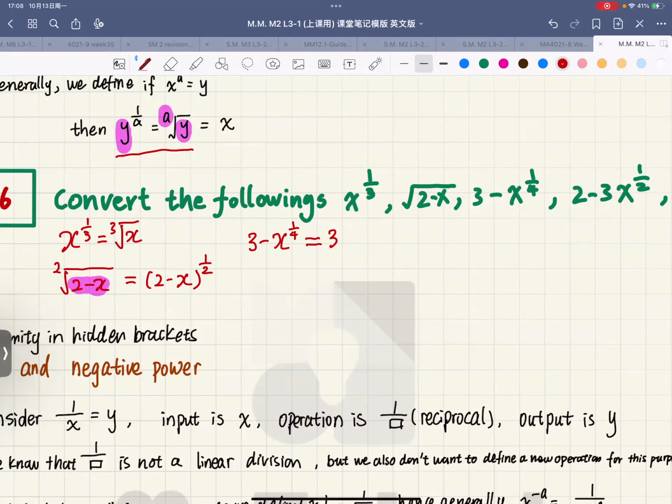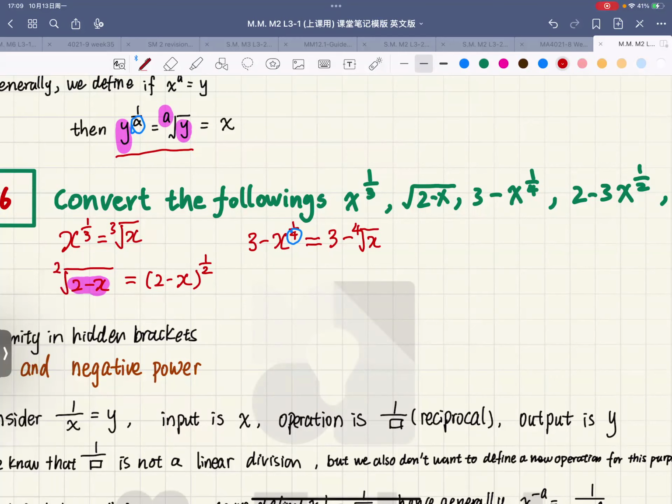So basically, in this case, a is equal to, Noah? Yes. So it's 3 minus. Any idea, Justin? Yes, very good.